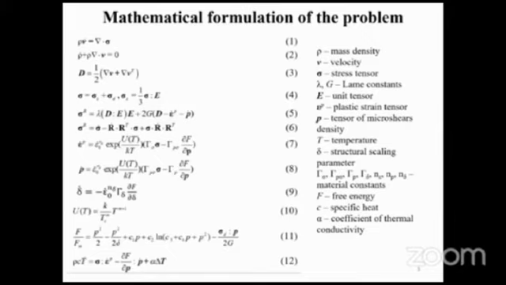It consists of the equation of motion, number 1, the equation of continuity, number 2, the kinematic relation, number 3, the constitutive relation, number 5, the kinetic equations for internal variables, numbers 7, 8, and 9, and the heat equation, number 12. The designations of the parameters are presented on the slide.